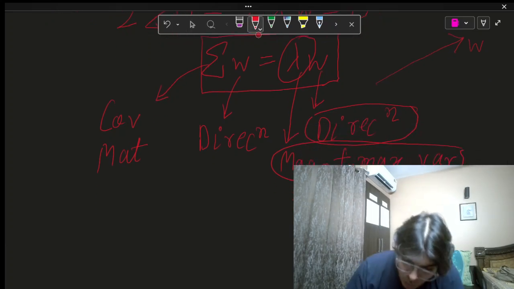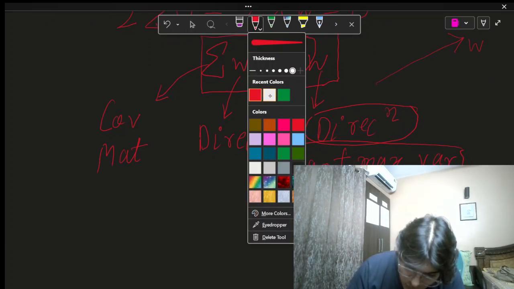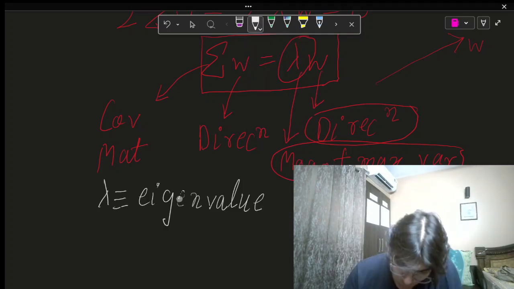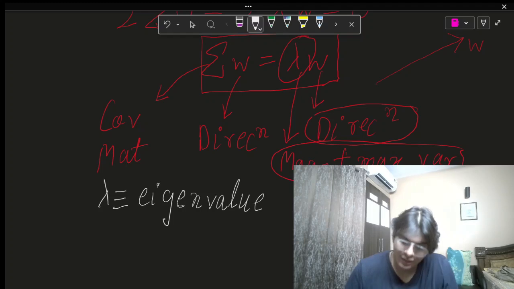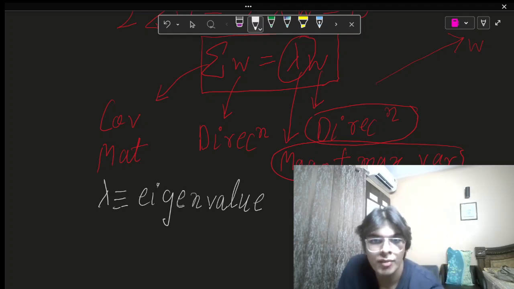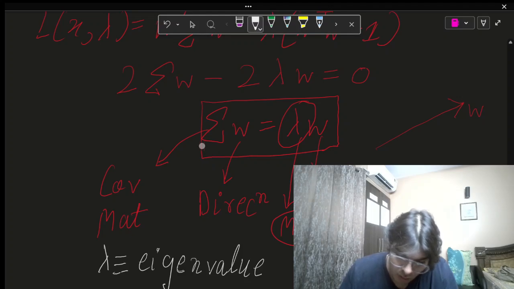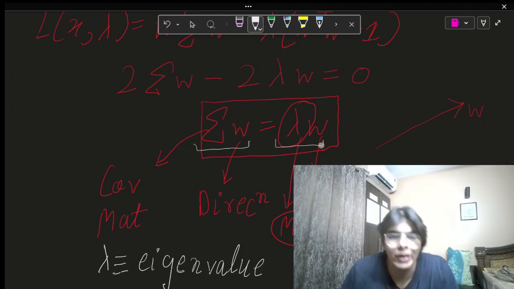Now a few very important terminologies. This lambda right here is basically the magnitude of maximum variance, and there's a very simple thing you can do to show it. We got the value of sigma w as lambda w, the solution of the equation that we were solving.